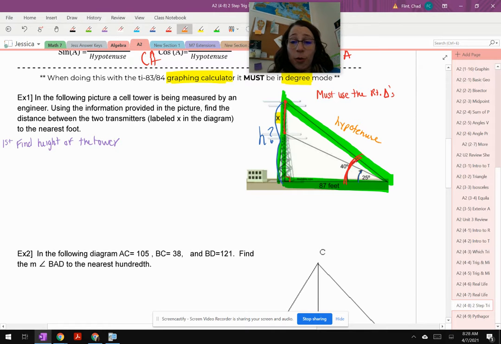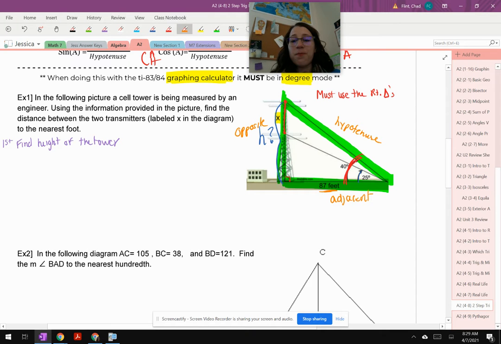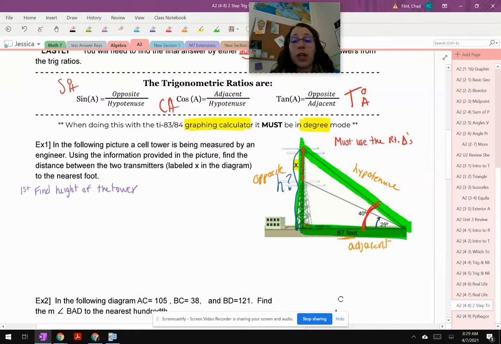From this angle 40, this is my opposite side. This is my adjacent side, which we know is 87 feet. That'll be helpful. So if I'm looking for this opposite side and I have the adjacent information, which trig ratio uses opposite and adjacent? Tangent.